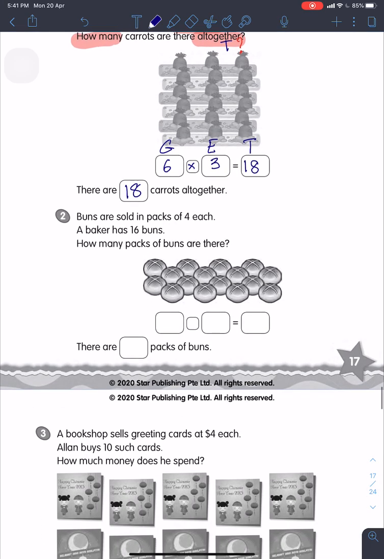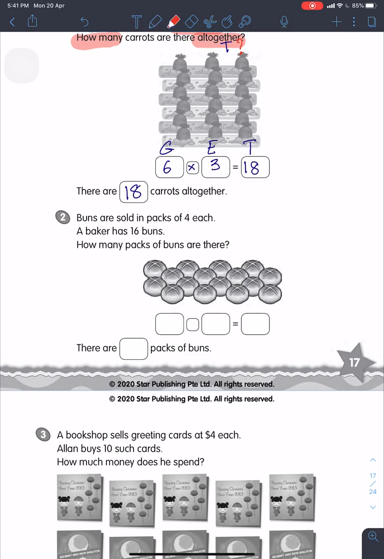Next, we are talking about buns. Buns are sold in packs of 4 each. A baker has 16 buns. How many packs of buns are there? Alright, so first we label. There are buns sold in packs of 4 each, so we already know we have the E. A baker has 16 buns, and this 16 represents the total.